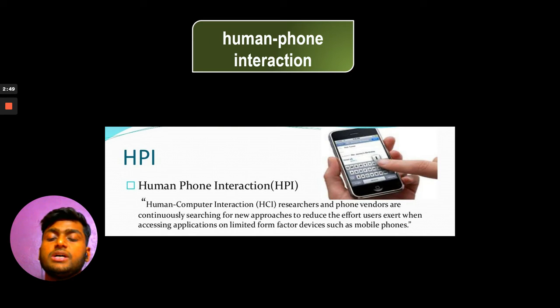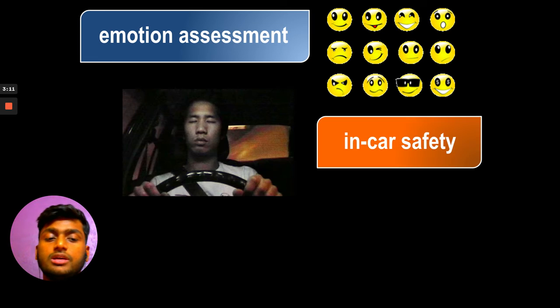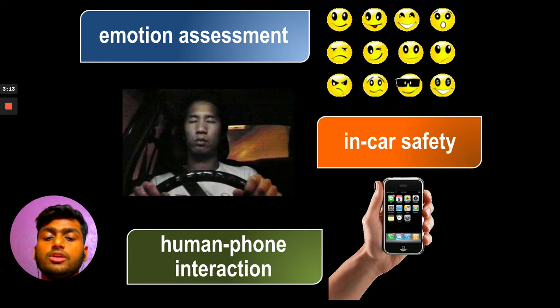Whereas HPI is human phone interaction technology. Researchers using HCI are continuously searching for new approaches to reduce the effort users exert when accessing applications on HCI, and hence HPI is created. Various applications we use are emotion assessment, in-car safety, and human phone interaction, as I told you all before.